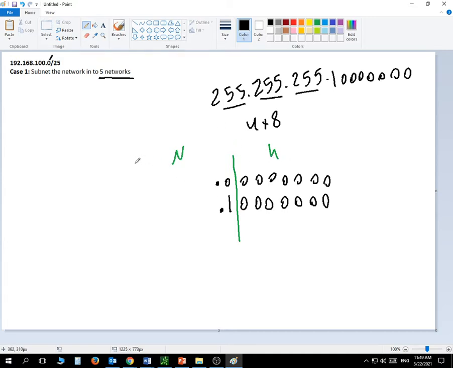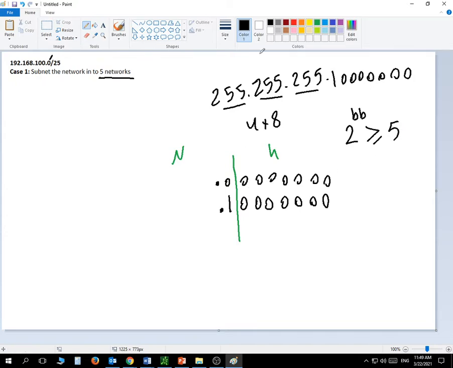And to answer that question, we said we have an equation. It's called 2 to the power of h. Or rather, I will call it borrowed bits, for example. It should be greater than or equal to the number of networks that I need, which is 5.